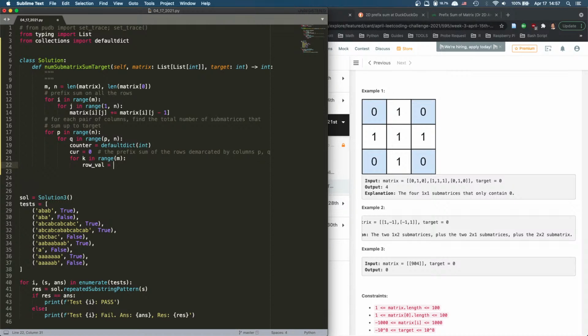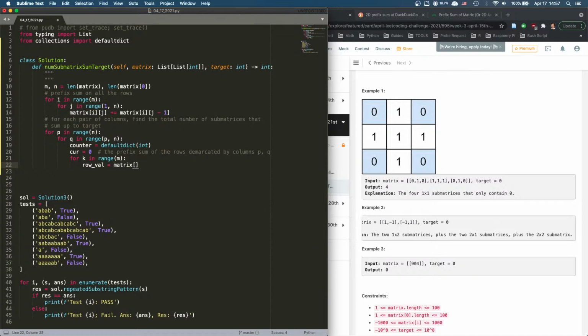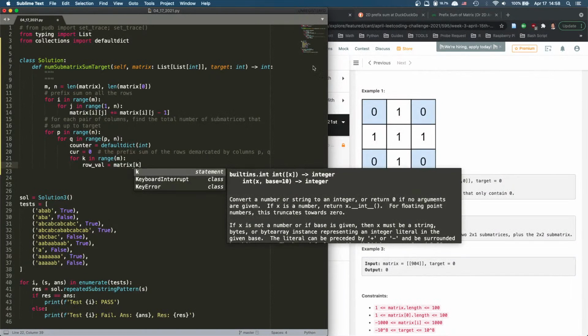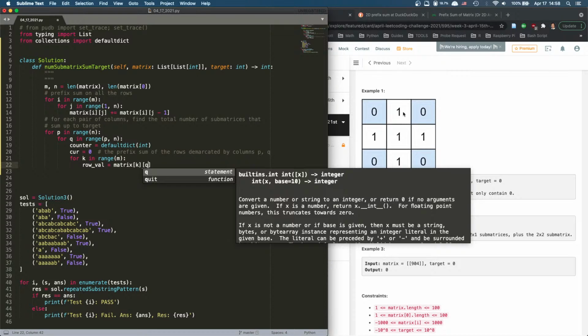I'm gonna say the row val equals, because we changed the matrix, so matrix, the current row is going to be K, and we need to find this one, right? And this one, and minus this one. So K, Q, right?